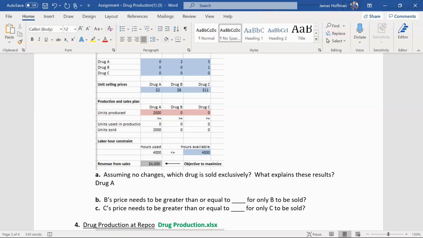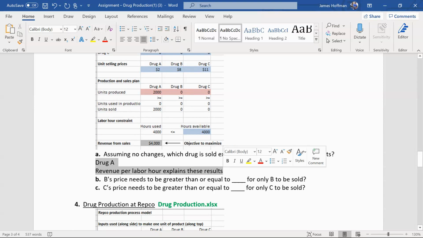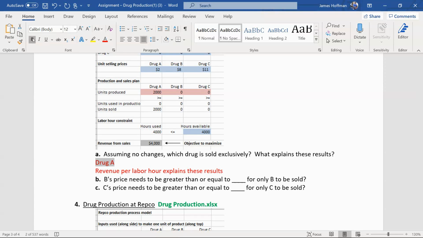And again, the revenue per labor hour must explain the results here. We know the next step is to figure out the revenue per labor hour for each drug A we sell.